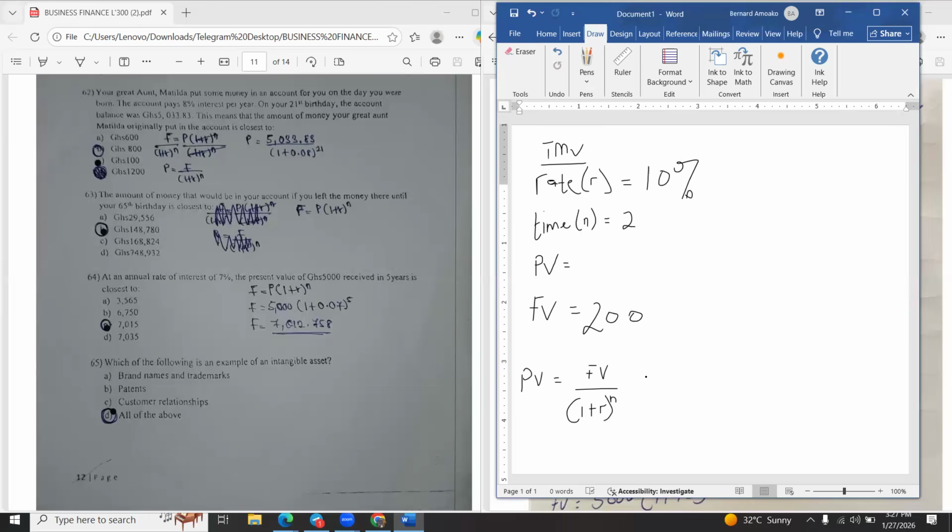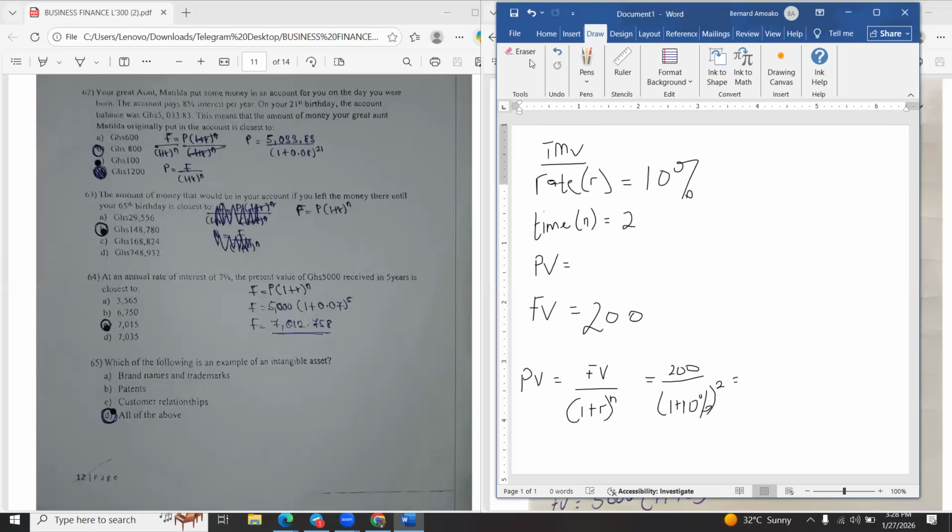In our question, we know that future value is 200, the rate is 10%, raised to the power of the number of years, 2 years. This would give you the present value of the 200 cedis. So the 200 cedis that would have been given to you in 2 years' time, you are telling the person to give it to you now. That solves the case of present value.